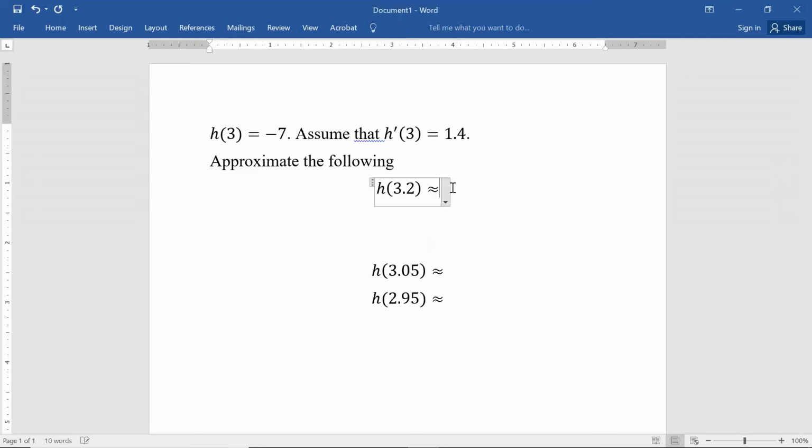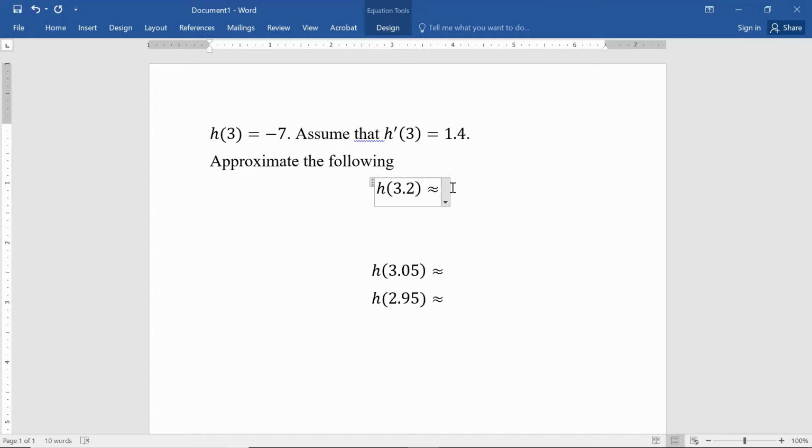I just need to know that at the x value of 3, we're at -7, and then we are currently increasing at a rate of about 1.4 units in y per unit in x.